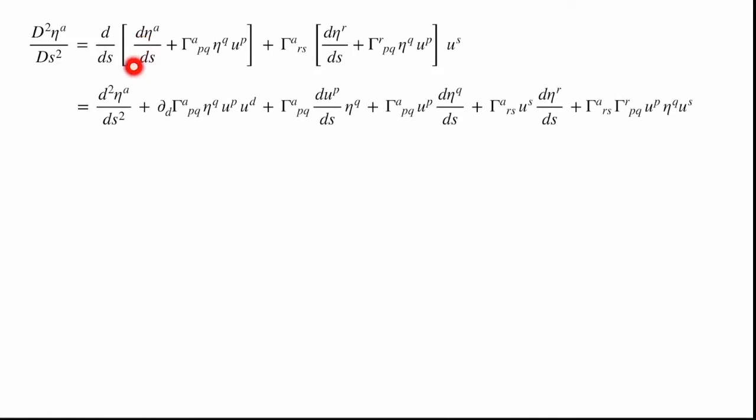So first is the exact differentiation of this, which is a second order ordinary differentiation of the connecting vector with the arc length parameter. Then we have a differentiation of gamma, which is straightforward, taking the dot product with the UA. Then we have a second term, which is a differentiation of the velocity vector, expressed here.